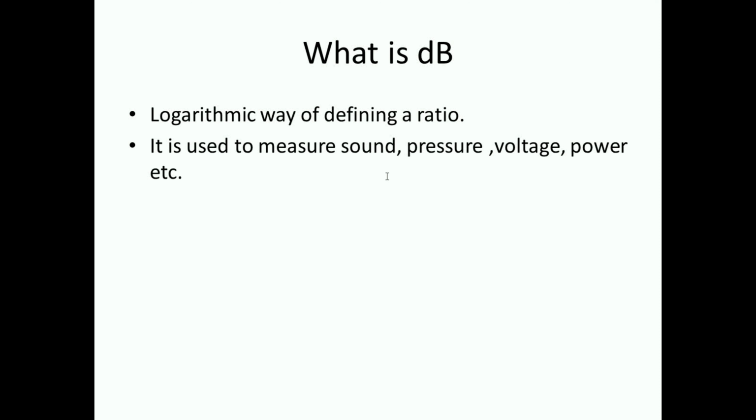So when we do a calculation of path loss or something, it is very difficult to express. In order to avoid these difficulties, we are using the terms dB and dBm.